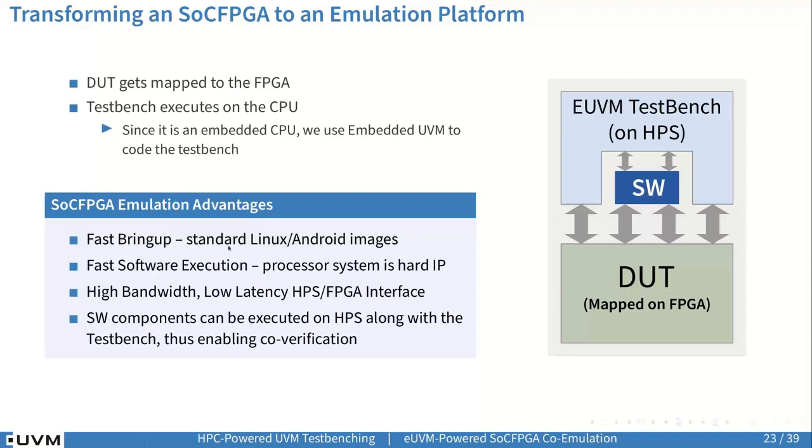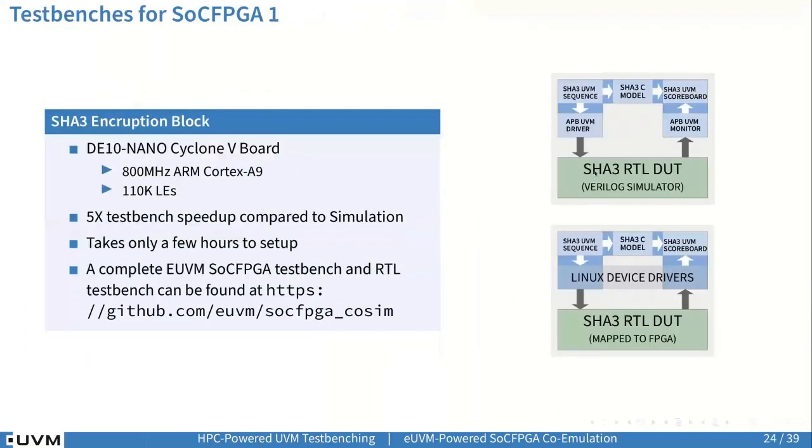With SoC FPGAs, you get standard Linux, and you are able to load it on the board and just put the peripheral or whatever subsystem you want to verify on the FPGA. So we take an example, we put SHA-3 RTL on the FPGA, on the programmable logic.